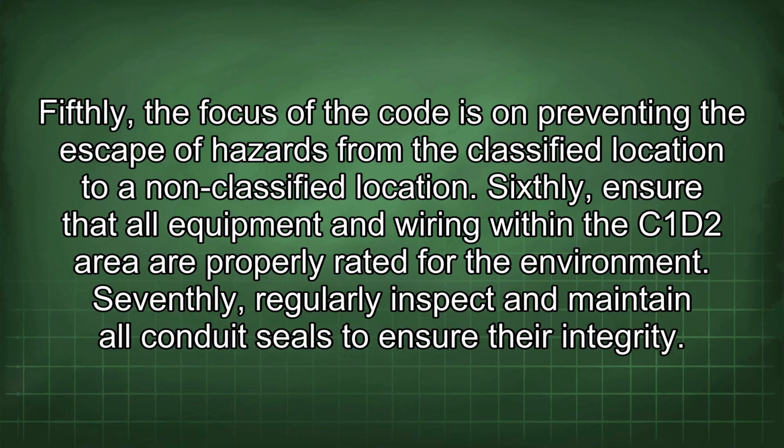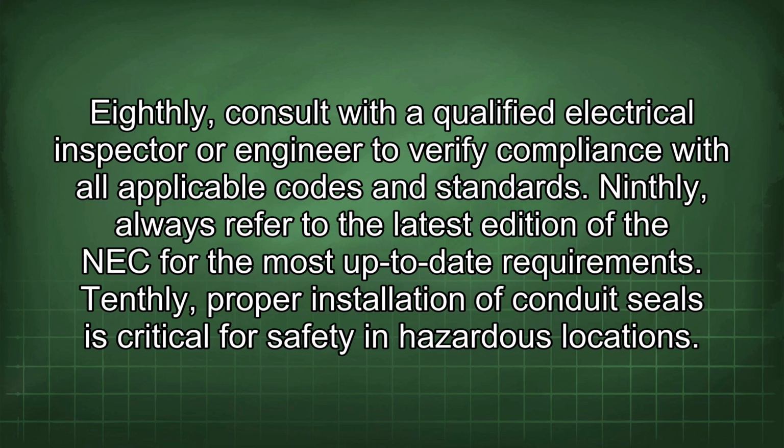Seventhly, regularly inspect and maintain all conduit seals to ensure their integrity. Eighthly, consult with a qualified electrical inspector or engineer to verify compliance with all applicable codes and standards. Ninthly, always refer to the latest edition of the NEC for the most up-to-date requirements. Tenthly, proper installation of conduit seals is critical for safety in hazardous locations.